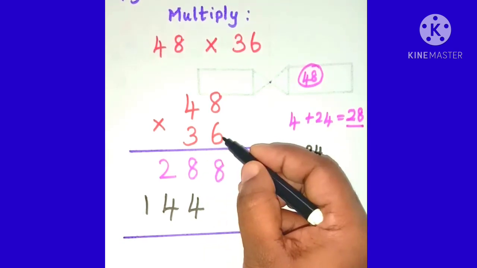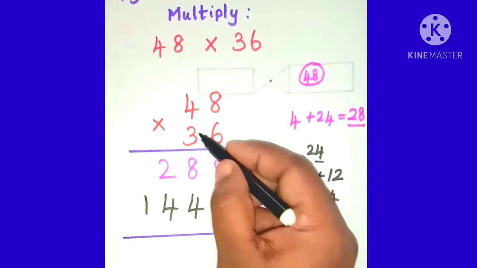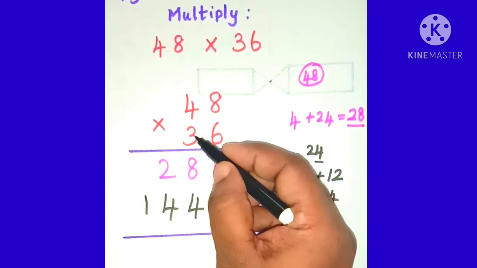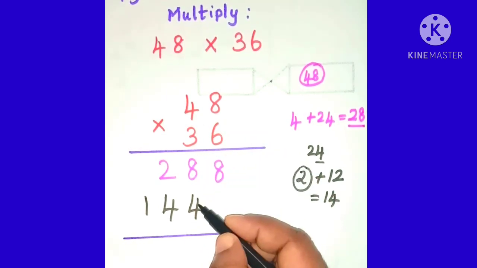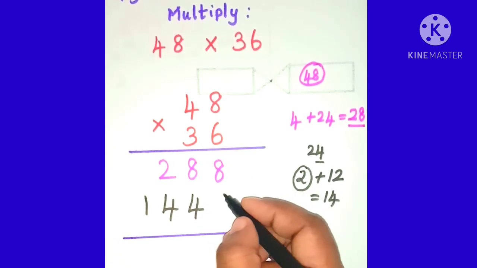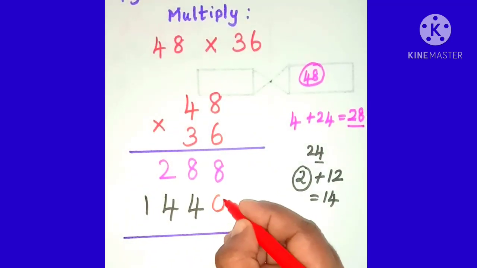Here 6 is in ones place, so the answer will start from ones place. And here 3 is in the tens place, so the product of 48 and 3 starts from tens place. And for our convenience, here put 0.